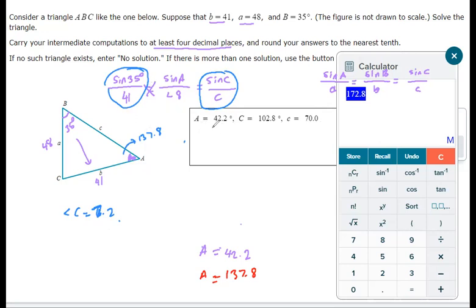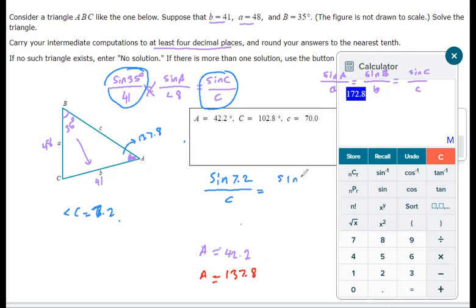So what we want is the second case: sine 7.2 over side C equals, angle A doesn't change, so I can still use them. And angle A was 35. I mean, angle A is right here, it did change. We got angle A as 137.8.